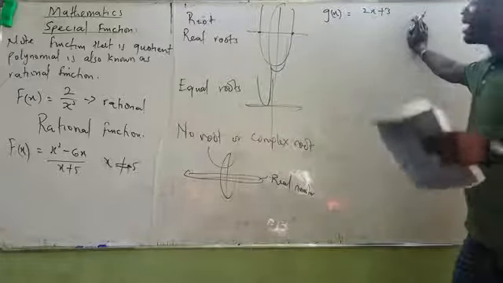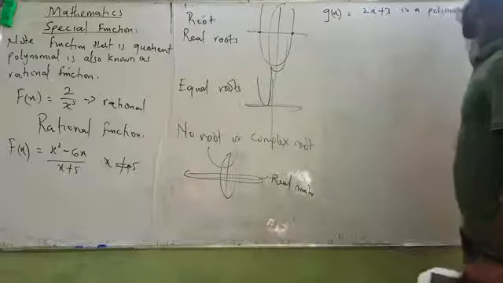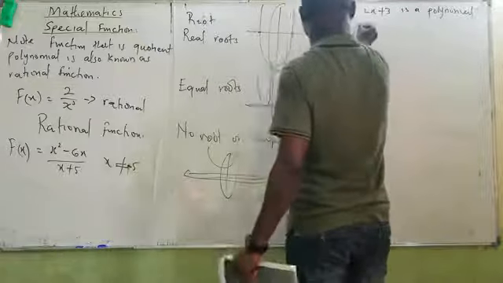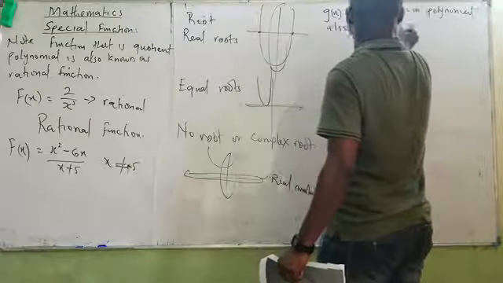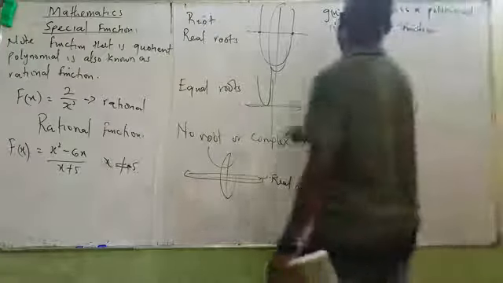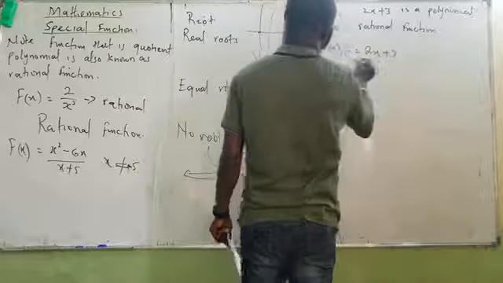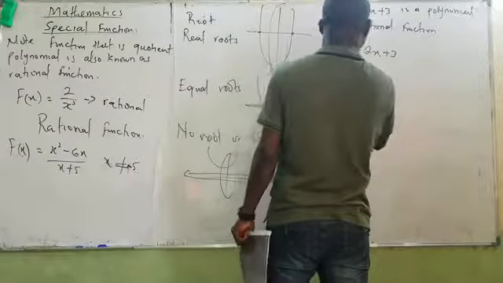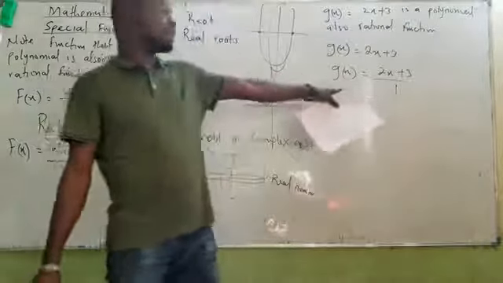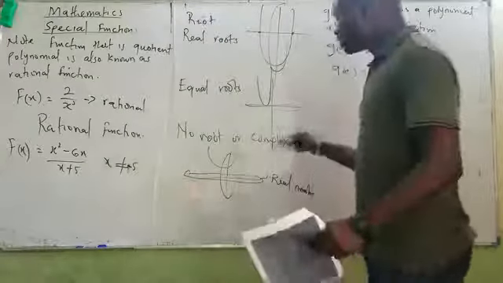Since it's a polynomial, I can also call it a rational function. Do you know why it's a rational function? Because I can say my g of x can be equal to 2x plus 3 all over 1. 1 can be found on the number line. Take note of that.